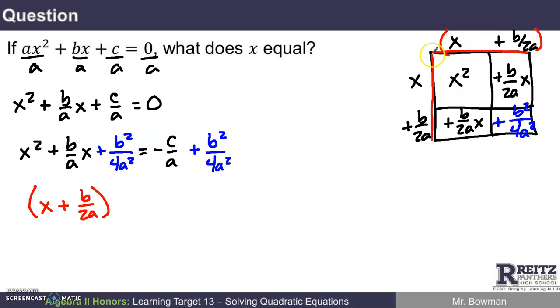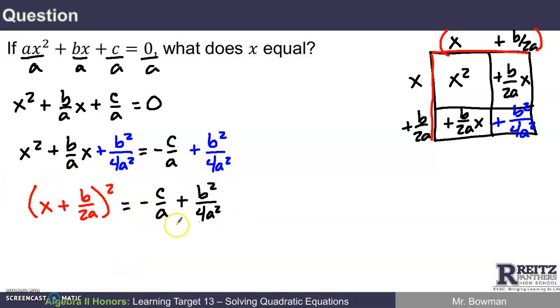And since it's this times that, I can say it's that squared. Now this looks like the square root property of equations could solve this.